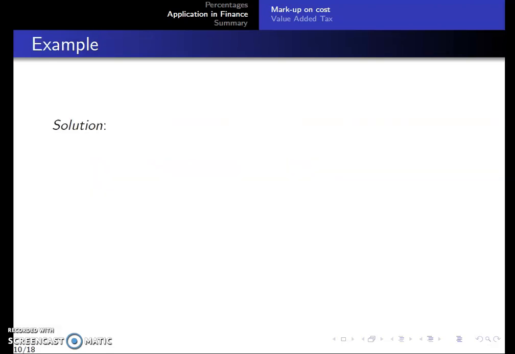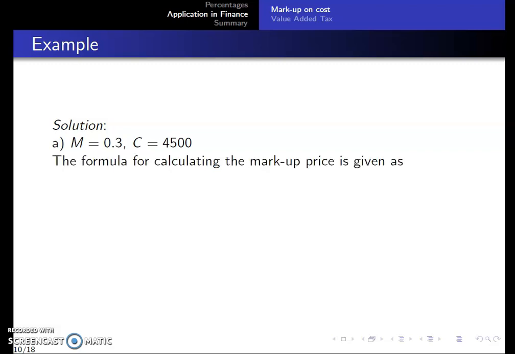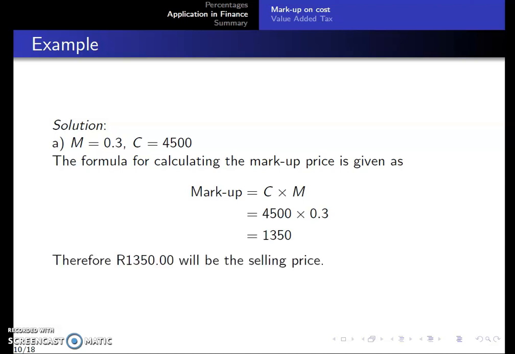Now the markup price to be added, as I said, you need your M, which is the percentage, and your C, which is the cost of the good. And then the formula for calculating the markup price is C times M, which is 14,500 times 0.3, which gives you the value of 1,350 rands.